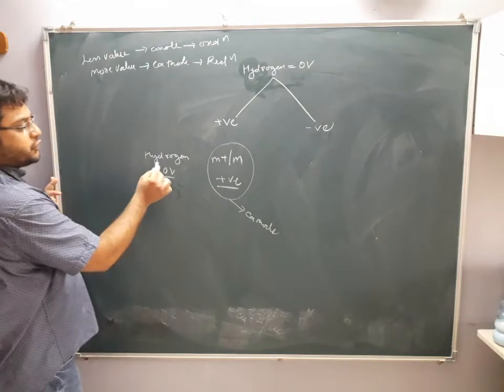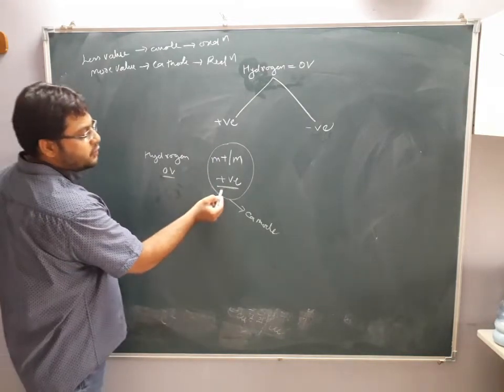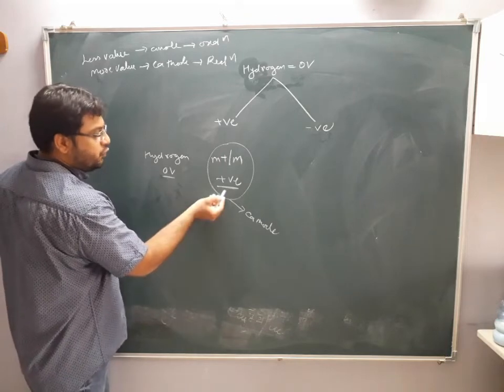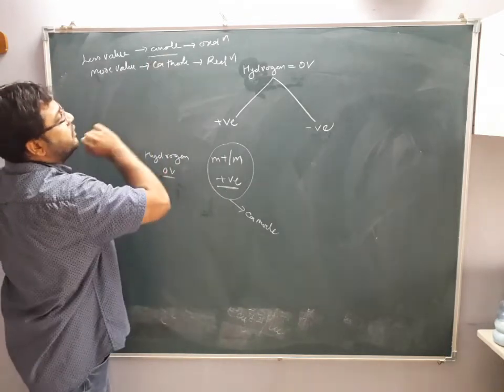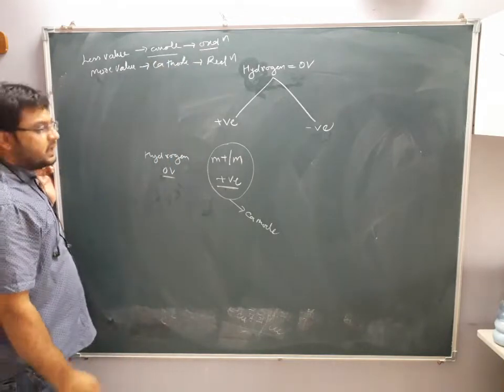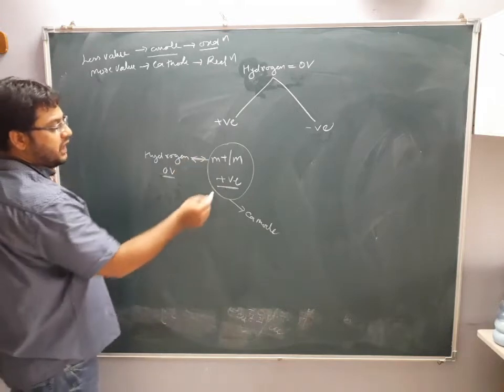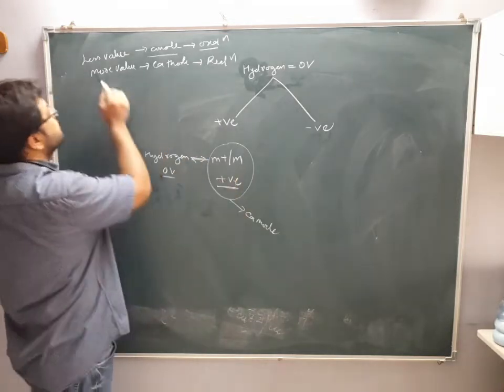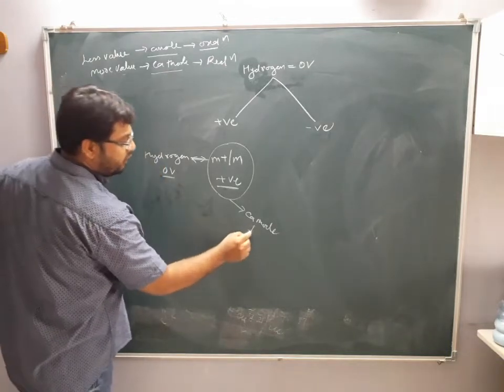Clear? Now here hydrogen and M plus M. Hydrogen value is 0 volt and here positive value, so hydrogen will be less. So hydrogen acts as anode and undergoes oxidation. The other one, in contact with it, has a positive value, meaning more value as compared to hydrogen, so it will be the cathode, where reduction occurs.